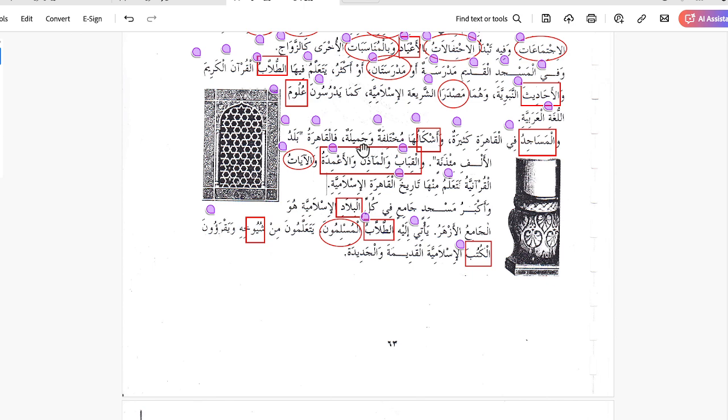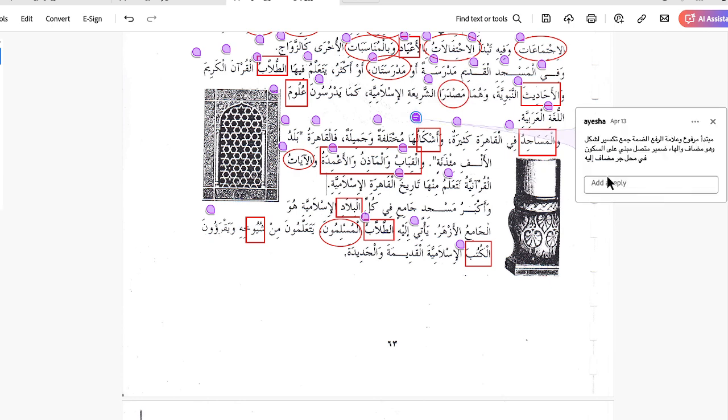Washkaluha mukhtalifatun wa jamilatun, and their shapes are different and beautiful. So ashkalu is again a broken plural for shaklun, shaklun ashkalun. So this is coming as a mubtada also in that sentence. So mubtada, marfu', and the sign of rafa' is the damma, and it is a Jama' Taksir. This is the broken plural of shakl, and it is a mudaf, and ha, ashkaluha, its shapes.